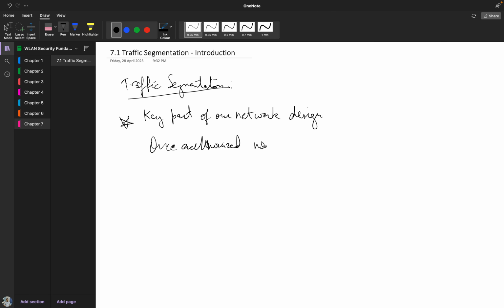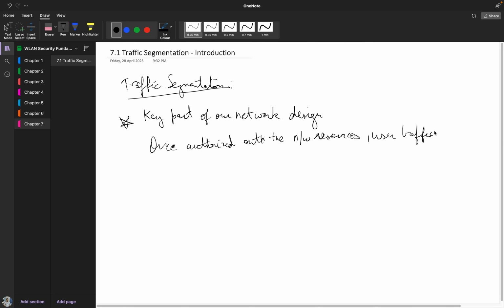Once authorized onto the network resources, the user traffic can be further restricted as to what resources may be accessed and where the traffic is destined.